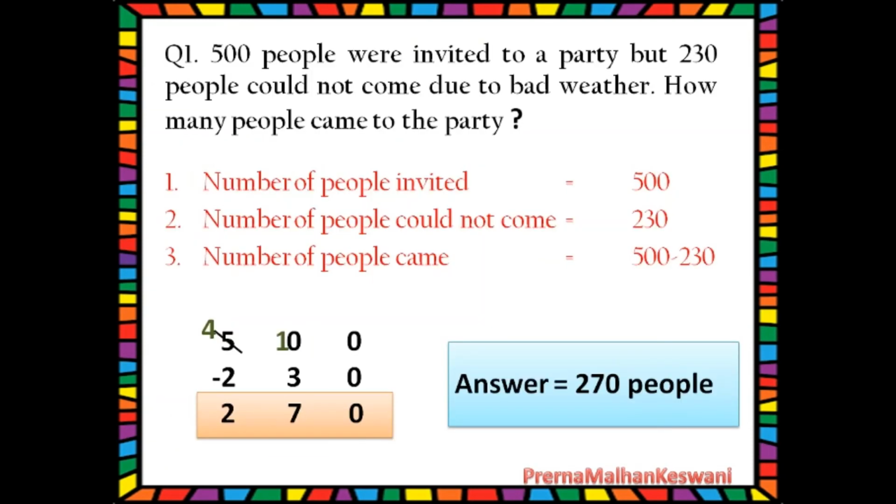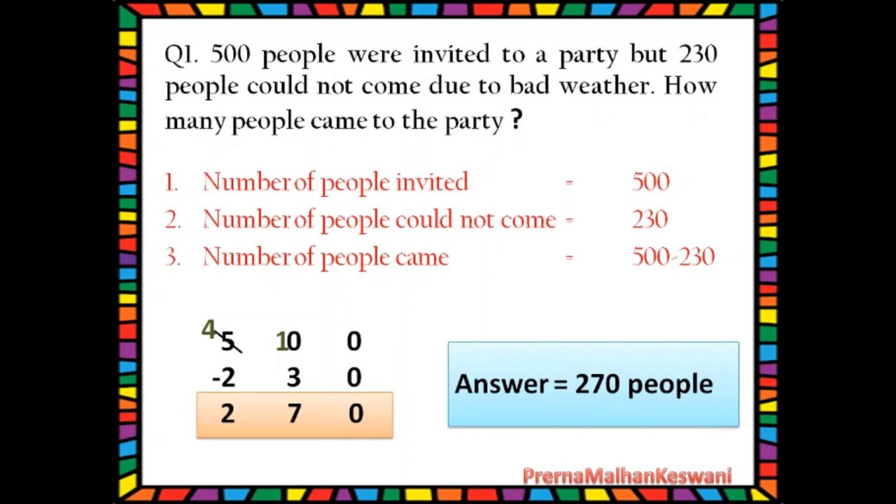Let's look at the first question. Question 1 says, 500 people were invited to a party. So it is a real life situation, children, where we are talking about a party. But 230 people could not come due to bad weather. How many people came to the party?